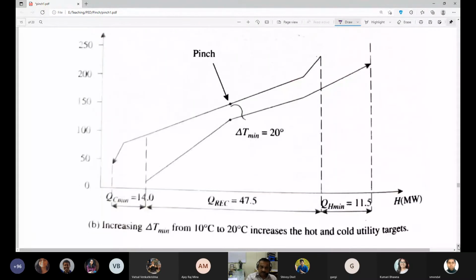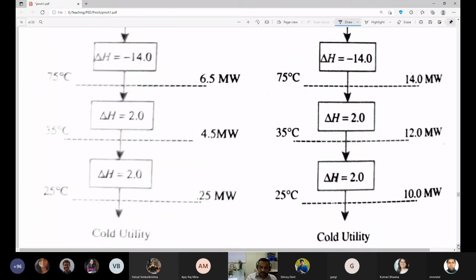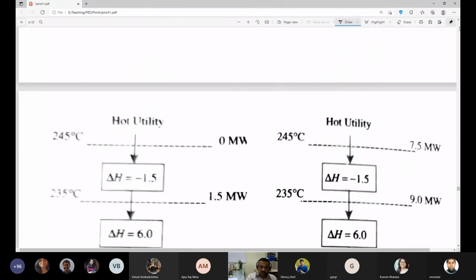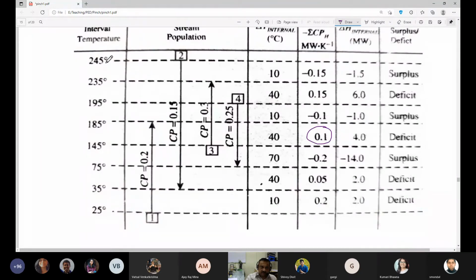Next, what I do is I will visit this in a moment. So what I do is keep this plot. Next, I draw up this diagram where we are writing all the temperatures that I mentioned here, 245, 235, 195, like this.